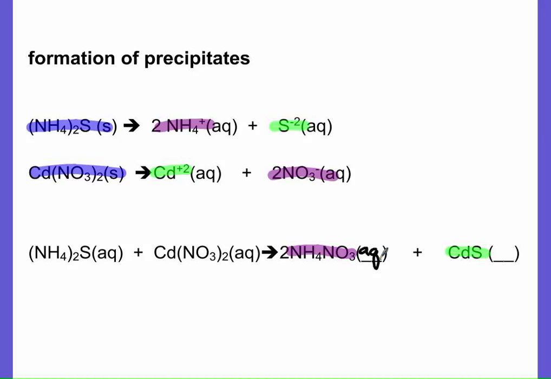It's not one of those exceptions, so I'm going to put an S for solid here. I might also put that down arrow, because that means a precipitate as well, but you have your prediction at the end of the day. You just follow your guidelines. Whatever thing is soluble will pretty much narrow it down for you to figure out what isn't soluble. I know from the rules that ammonium nitrate is almost always soluble, and sulfides are unlikely to be soluble unless you have calcium, strontium, sodium, potassium, or ammonium. So I know that's going to be my precipitate.